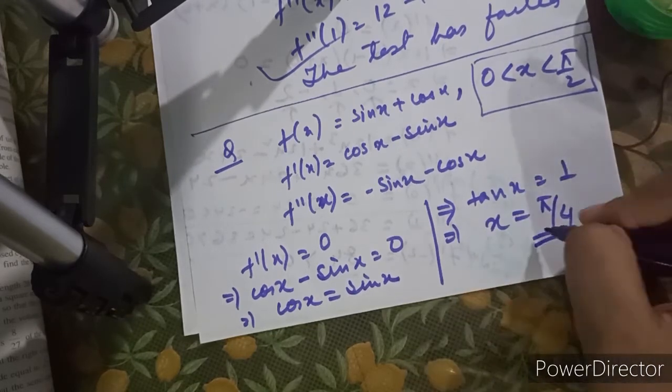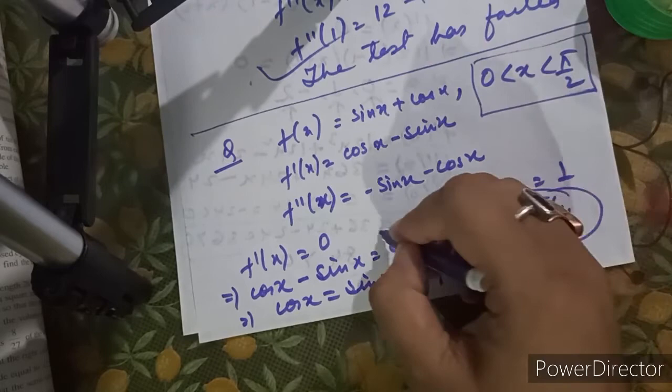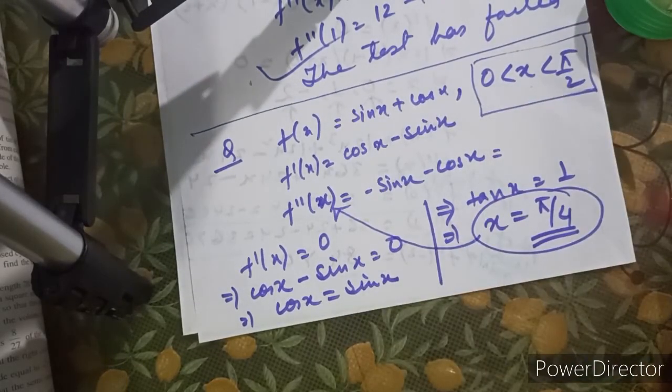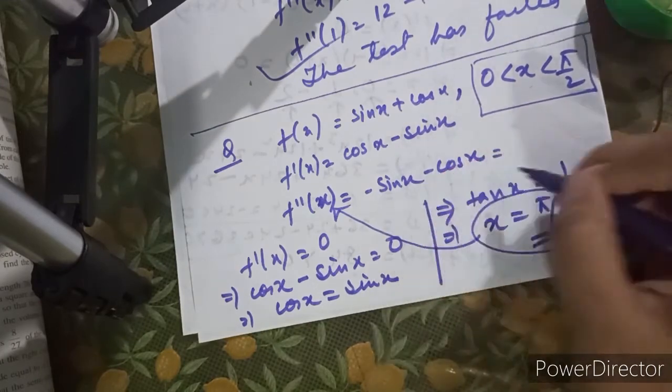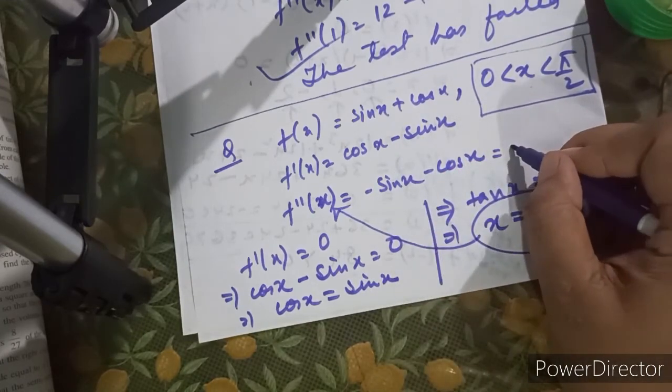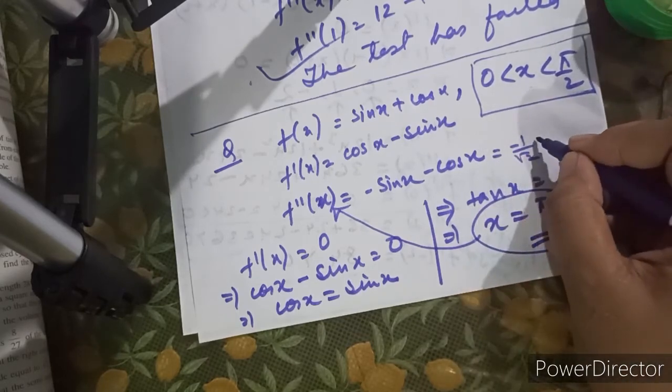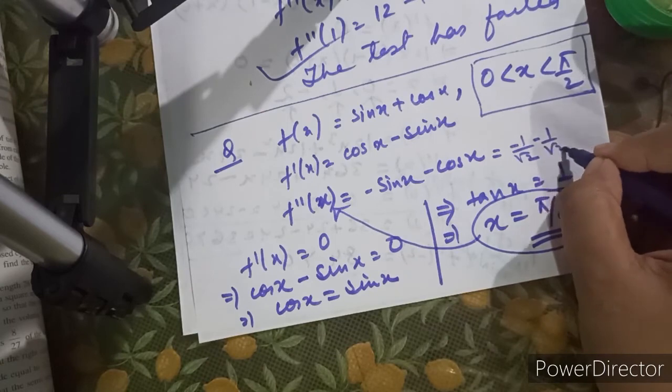After that, where will you put this value? You will put this value in your second derivative. If you put the value in the second derivative, what are you getting? Minus of sin pi by 4 will be minus of 1 by root 2, isn't it? And cos will also be minus of 1 by root 2.